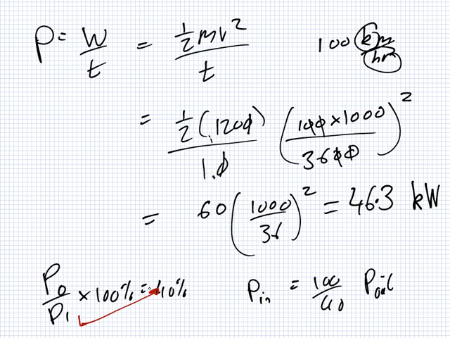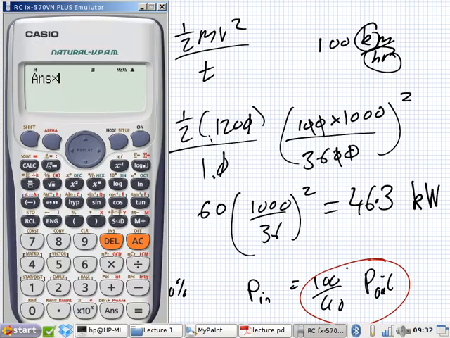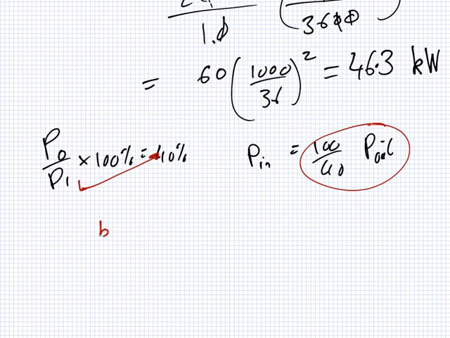So now I have this formula. So if I just multiply my answer here by 100 over 40, and let's just make it kilo again. Yeah, okay, so in part B, it's 116 kilowatts.